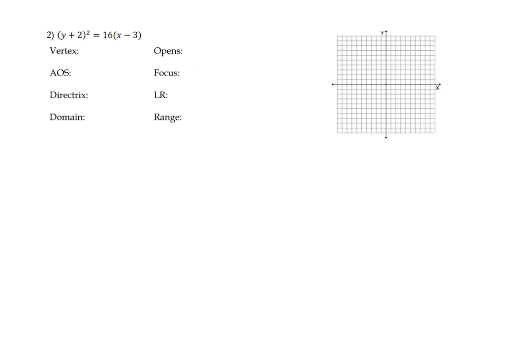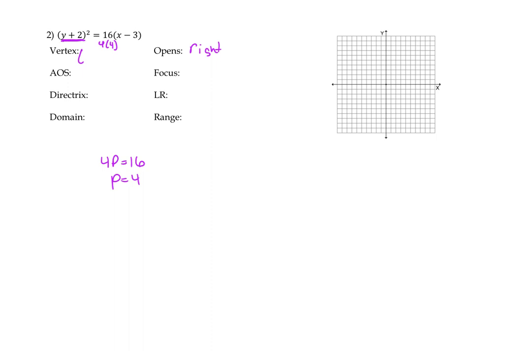Okay, here's another one that's y squared. I'm going to first go find my p-value, so 4p equals 16, so p is equal to 4. So I'm going to rewrite that as 4 times 4. It is positive, so that thing is going to open to the right. My vertex, now this is where you have to pay attention.